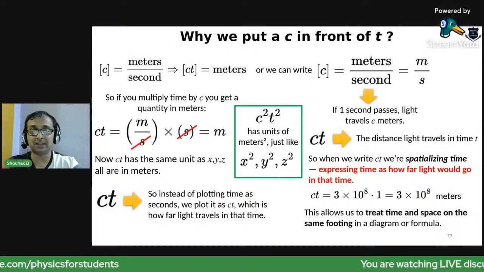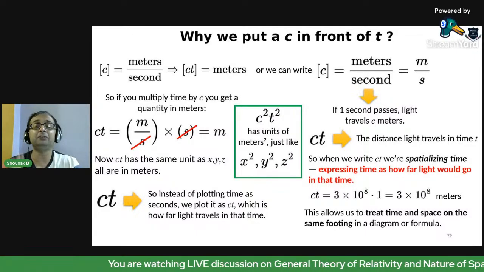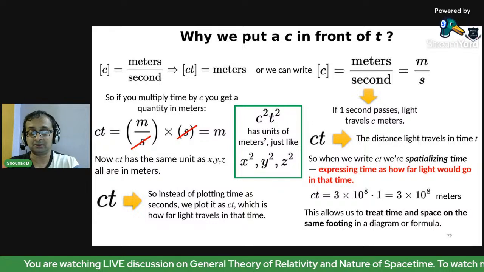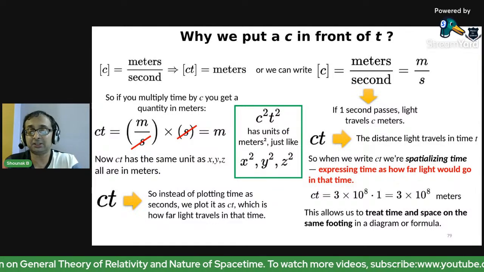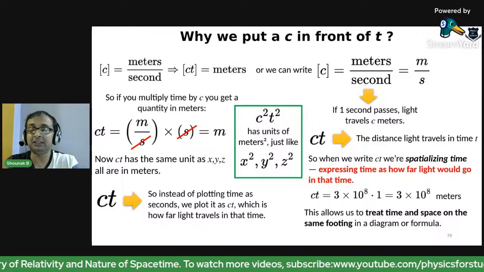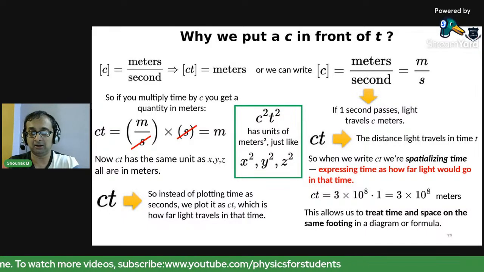This is a convention that we use in special relativity, so that we are, you see this slide, spatializing time. That means expressing time as how far light would go in that time. So ct equals 3 times 10 to the power 8 meters. That means it allows us to treat time and space on the same footing in a diagram or formula. Are you getting my point?